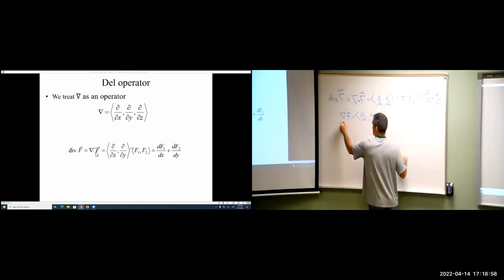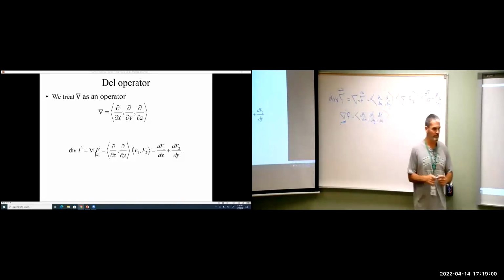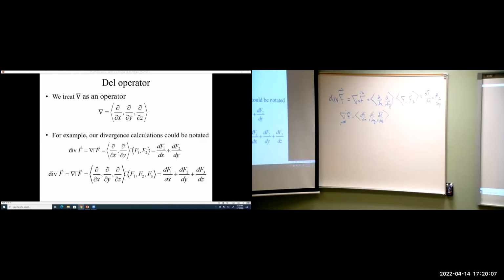So that's what this upside down triangle, it's called del. That's the way it's working in these. Same idea. So that's what del is. It's not a major concept. It's just an operator telling us to take the partials of the function or of the vector field.